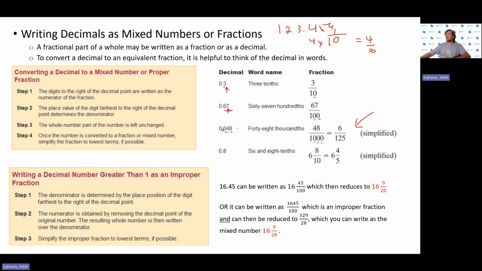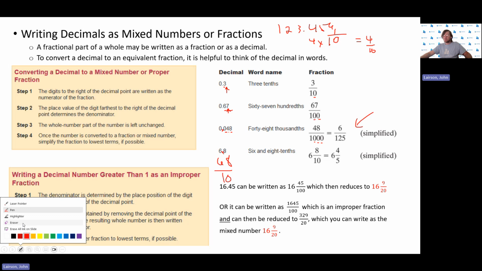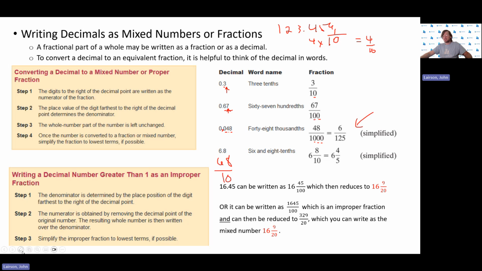Now we can follow the same exact reasoning for a number that's not 0 at the beginning. With 6.8, I could ignore the decimal, 68, and it goes to the 10th place, so it's 68 over 10. A lot of times, though, this is a little bit harder to simplify. So it's easier to take the whole part of the decimal, by which I mean whatever's to the left of it.